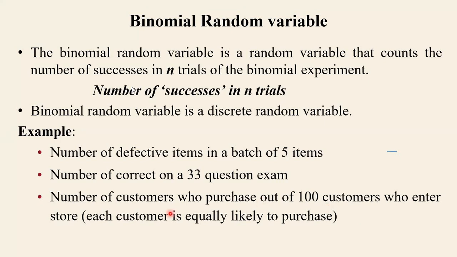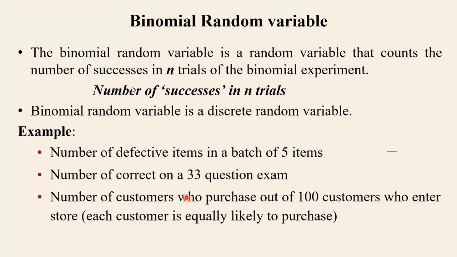So here purchasing is a success, not purchasing is a failure. Then there are 100 independent trials. Here we assume that each customer is equally likely to purchase. So these are some examples for the binomial random variable.